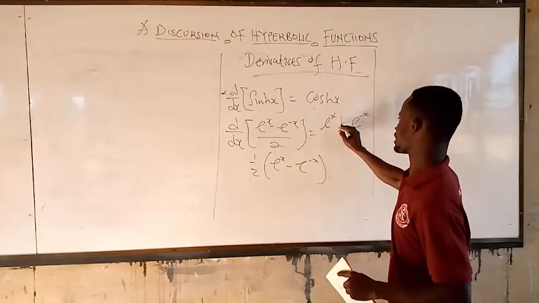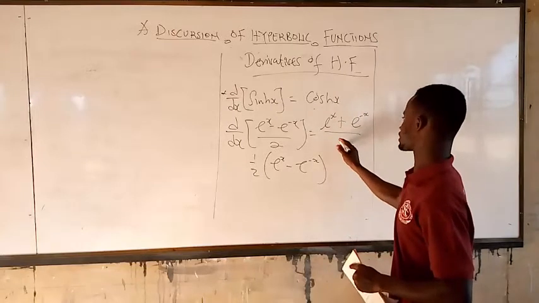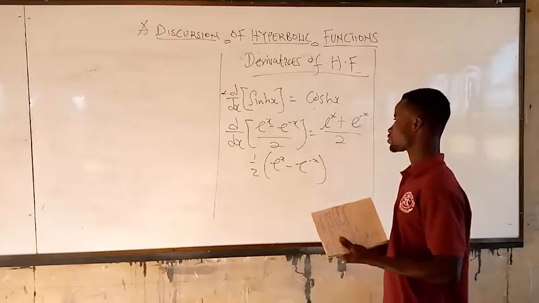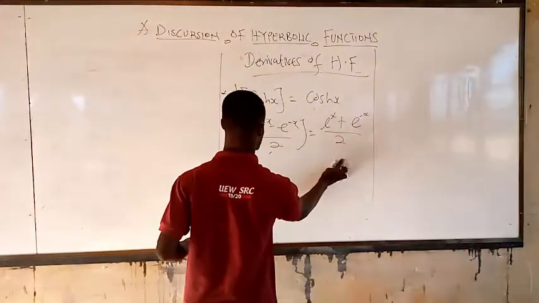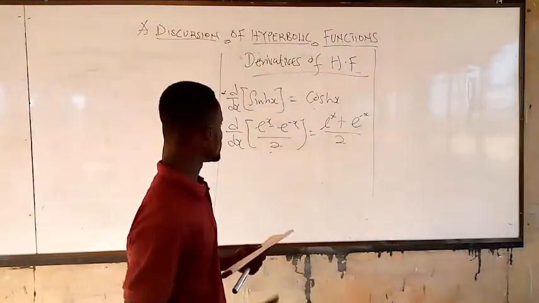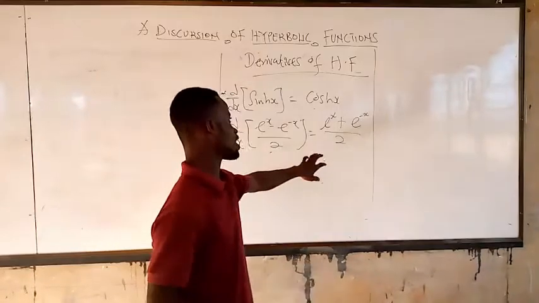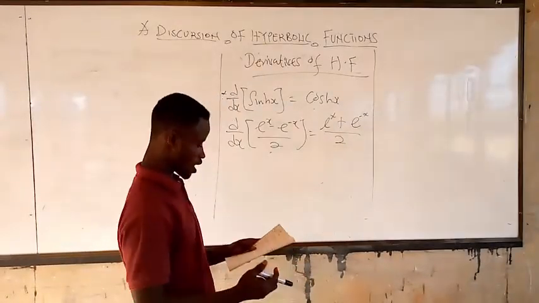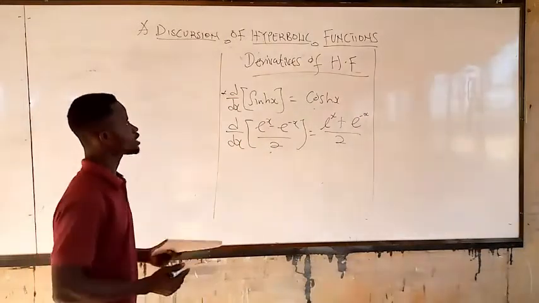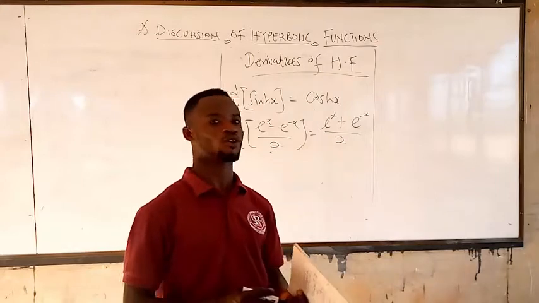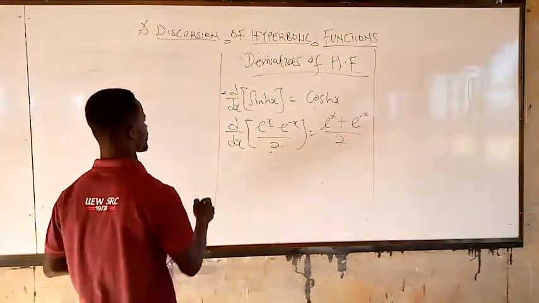When it's multiplied, here will be plus. And you get it all over 2, because with the constant, you will not attempt it. So you can see that this one we have here is the same as cosh s. That is why the derivative of sinh s is equal to cosh s. In case you haven't watched calculus 1, please go back and watch.